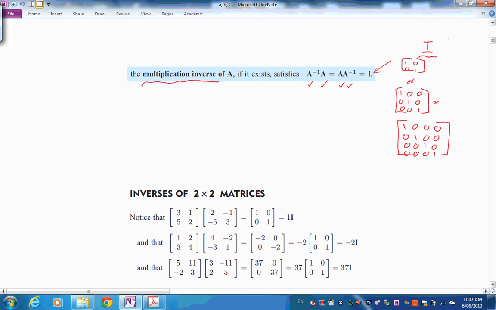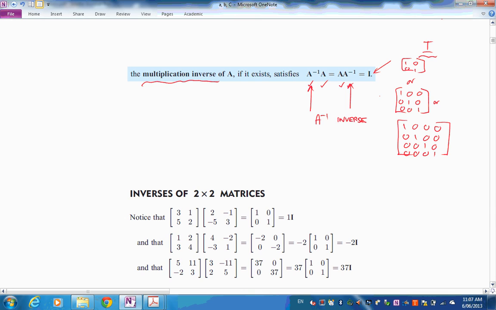Matrices which, when you multiply any matrix by it, will leave it unchanged. So that's what we're seeking now, a special one. Here it is. A negative 1 is called the inverse of A. So it's going to bring it back and nullify it, if you like, make it equal to the identity matrix.